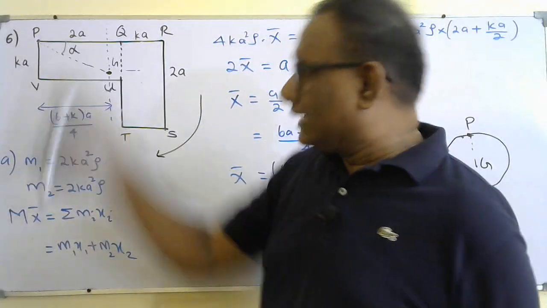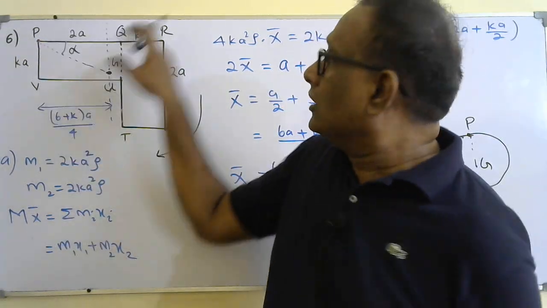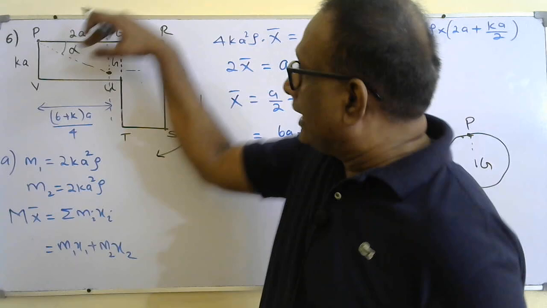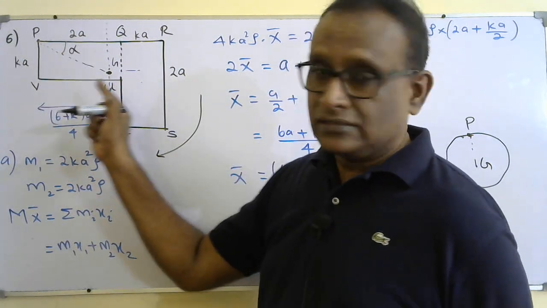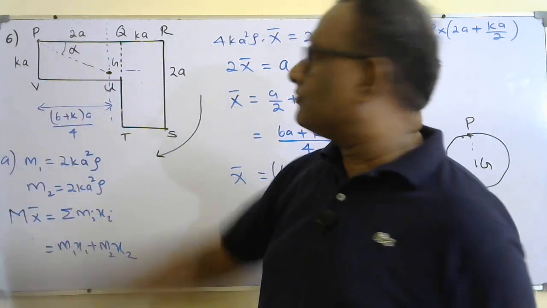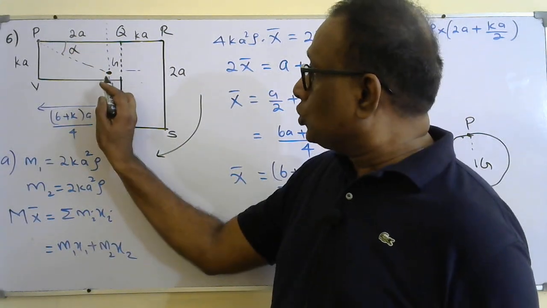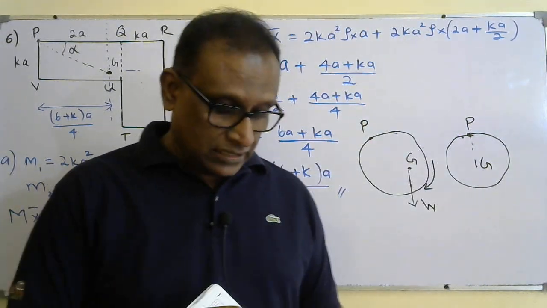With that vertical line, they are saying PR is making an angle alpha. So I don't need to draw it rotated such that G is below P; I can imagine this line is vertical. With that line, PR makes alpha, so I need to find this alpha. For that, I should know the exact point at which the center of mass exists. How to find it?